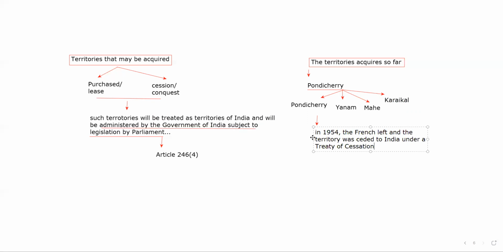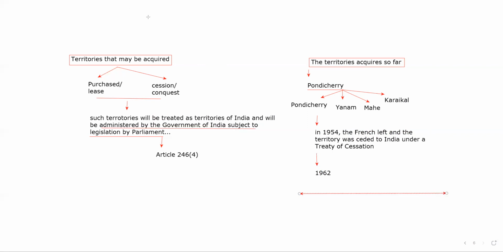That is known as the treaty of cession, in 1954. And from 1954 till 1962, this territory was administered as an acquired territory by India.